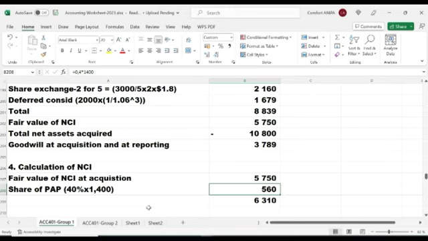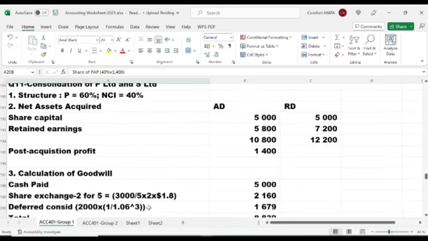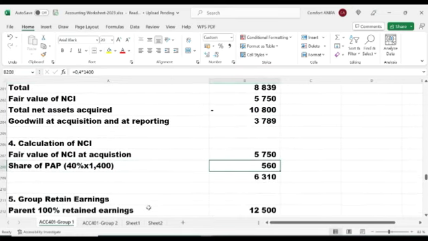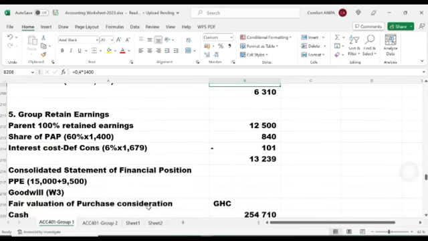Then you give NCI its share of post-acquisition profit, and we have computed post-acquisition profit to be 1,004. 40% of that will give you 560, and therefore your NCI value is 6,310 for the statement of financial position.